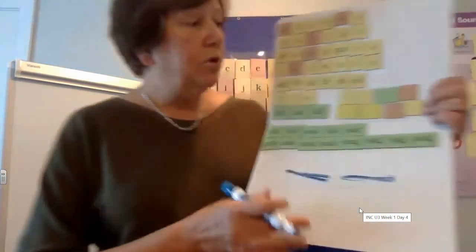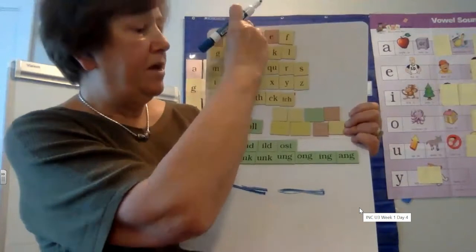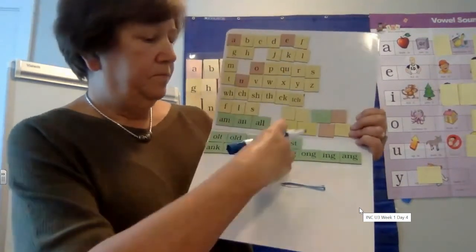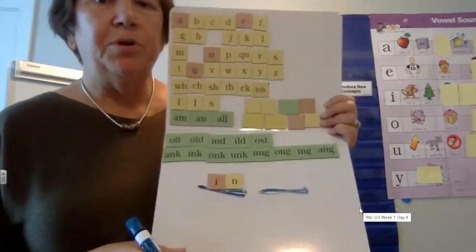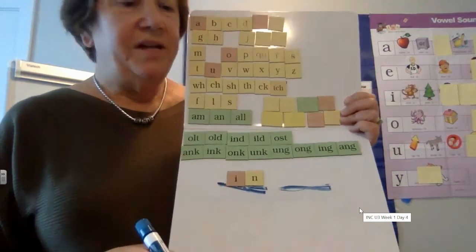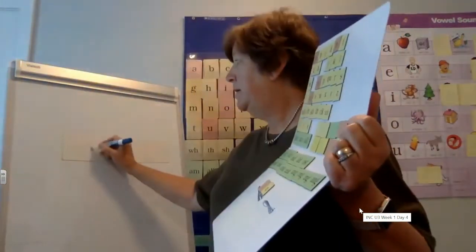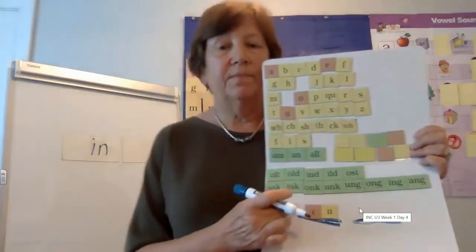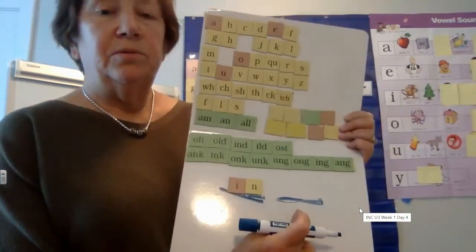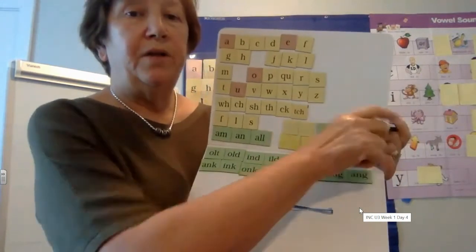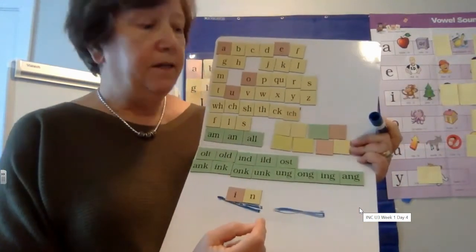So with your tiles, I want you to move down the letters to spell in and put that on the first line that you drew. All right, so in would be our first syllable. All right, second syllable, vite. That's right. And I want you to now pull down the letters to spell vite.